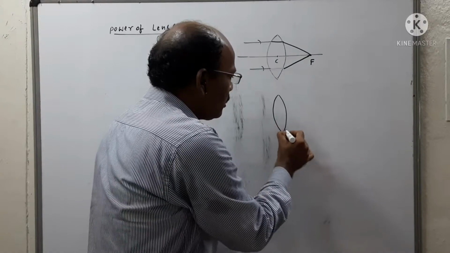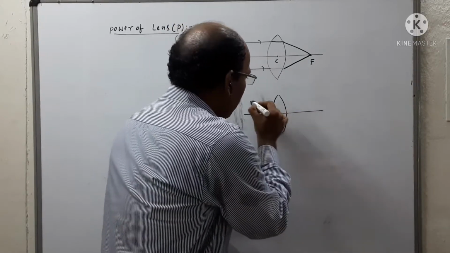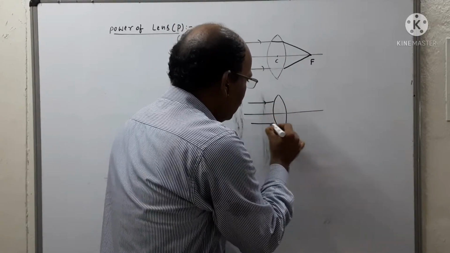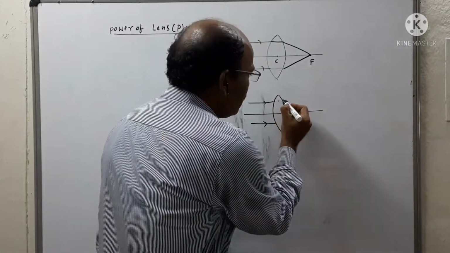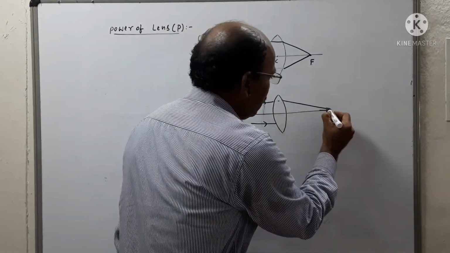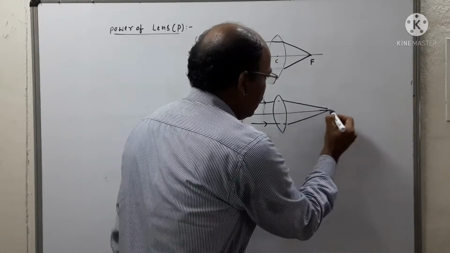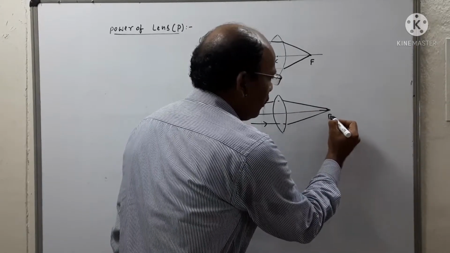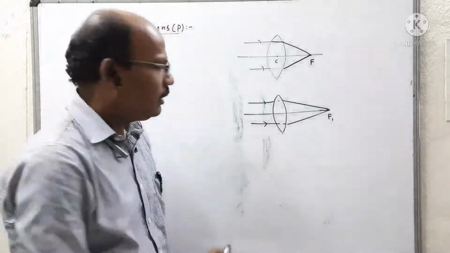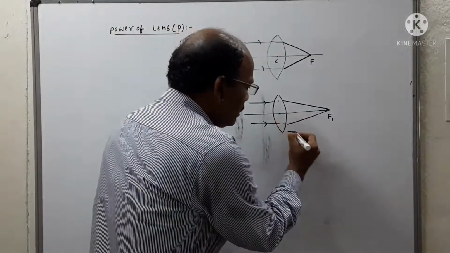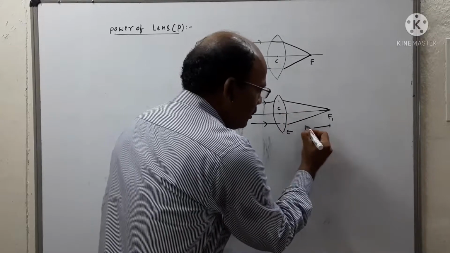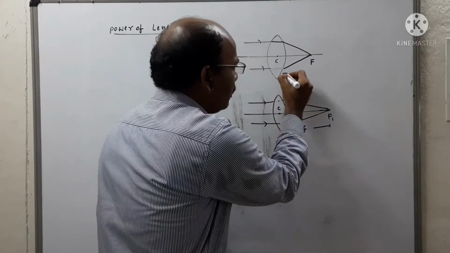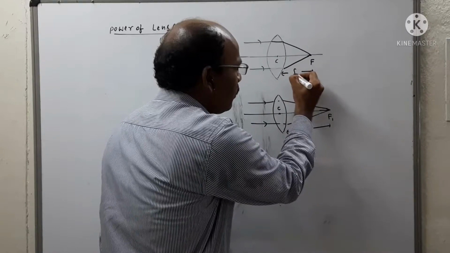When we send in parallel rays, this lens converges the incident rays at some other point. Let us say this is F1. The distance between the optical center and the focus is called the focal length.